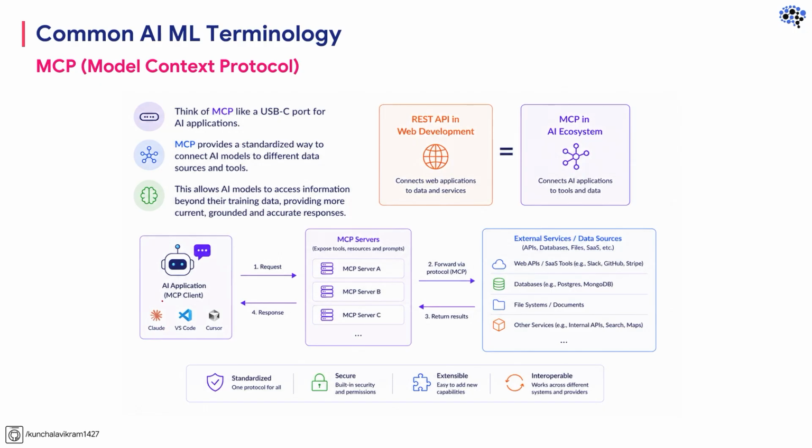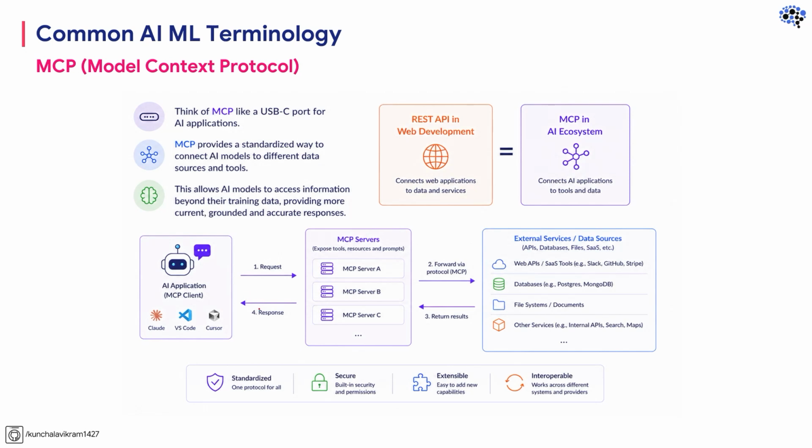Now these applications can directly talk to external services. For example, without MCP, if you go to ChatGPT and ask it to book a flight ticket, it will not be able to do it, because it has no information on how to call those external APIs, what authentication to use, and all that stuff.